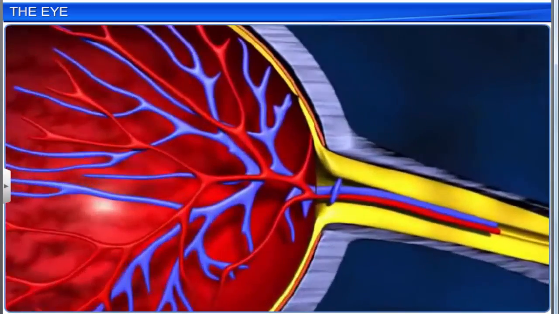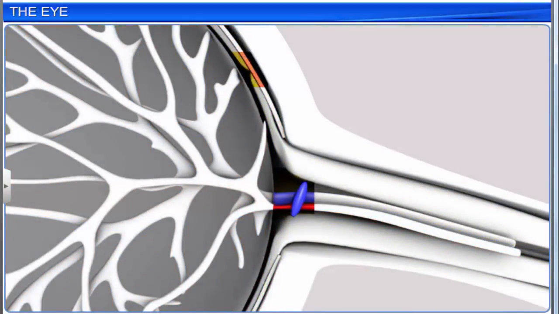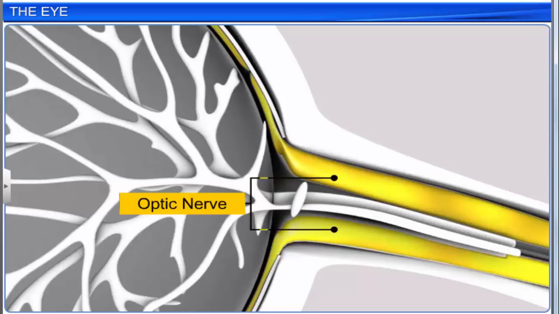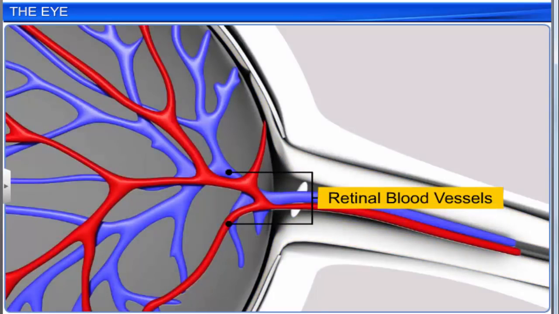The optical part of the retina contains two spots, known as the blind spot and the fovea. The blind spot is the region on the posterior pole of the eye, where the optic nerve leaves the eye and retinal blood vessels enter the organ.